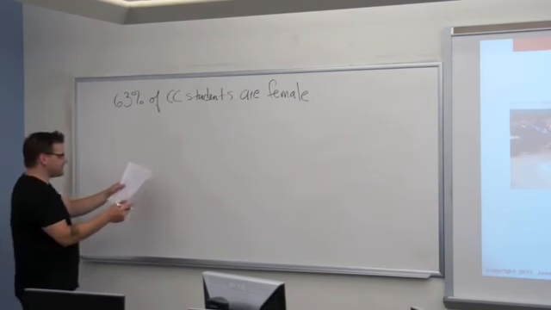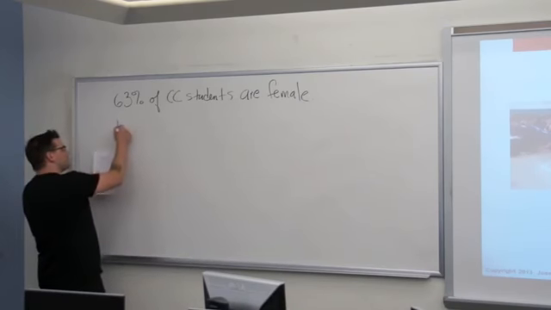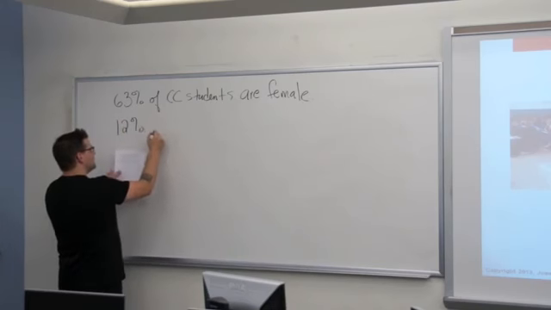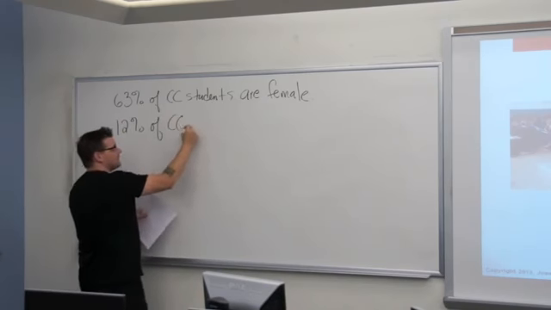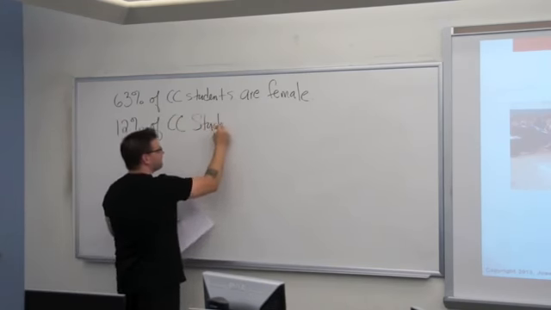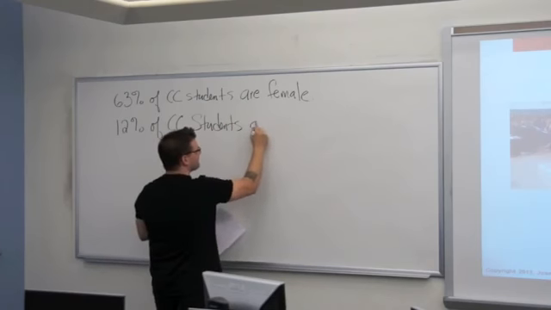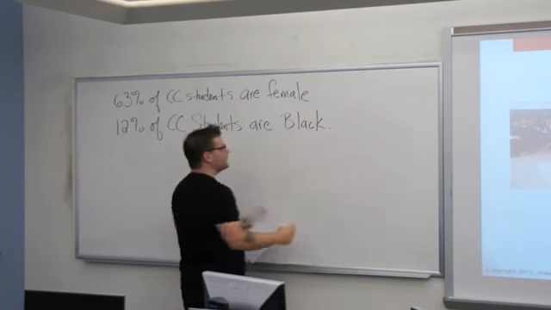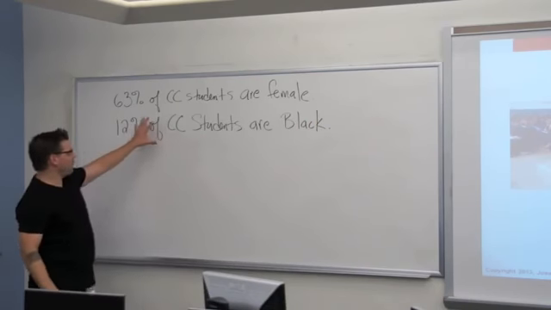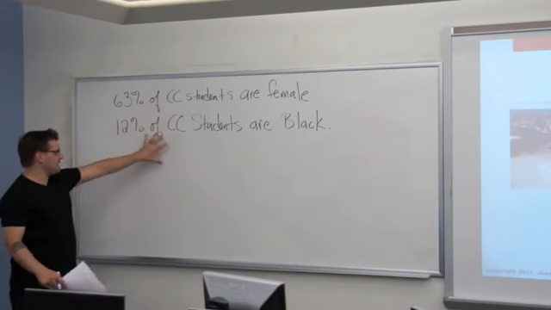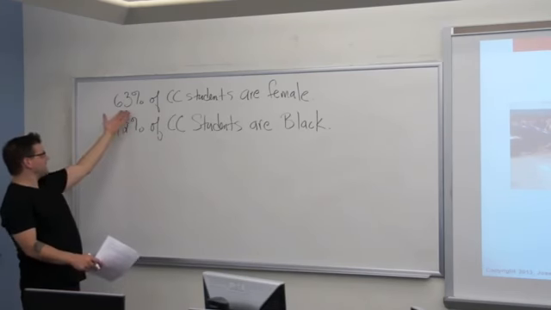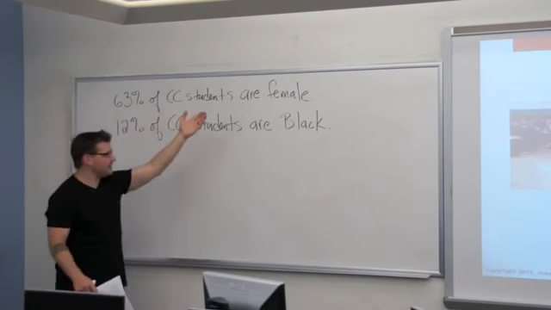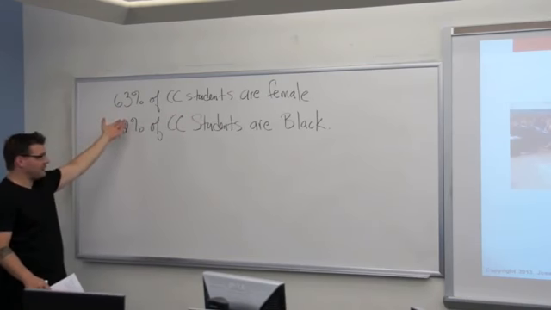Well, I have more facts I should think about. 12% of Cecil College students are black. Wouldn't I like to force my sample to be 12% black? Wouldn't I like to force my sample to be 63% female, 37% male?